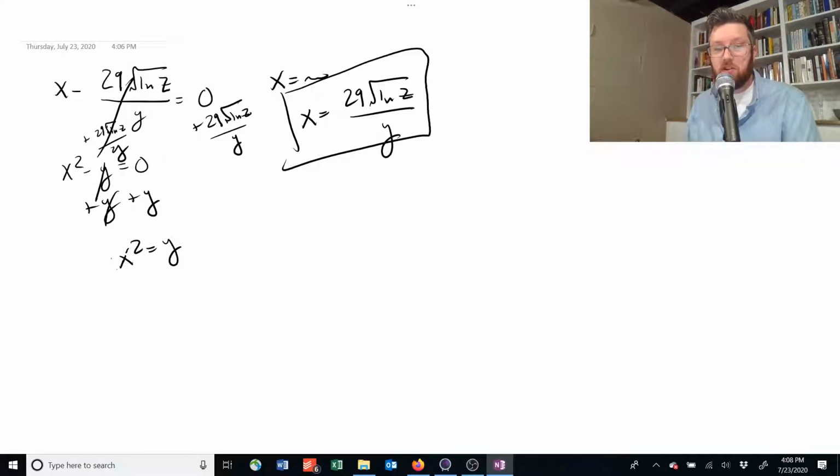So we're going to use our exponent rule, try to get rid of this by multiplying it by its reciprocal, because we want to have an exponent equal to 1 so that we can just drop it. This thing has an exponent equal to 1. So we're going to raise both sides to the power of 1/2. And we're going to end up with x is equal to y to the 1/2.